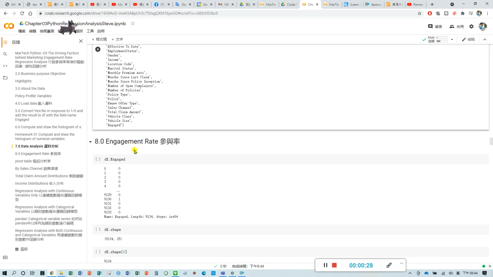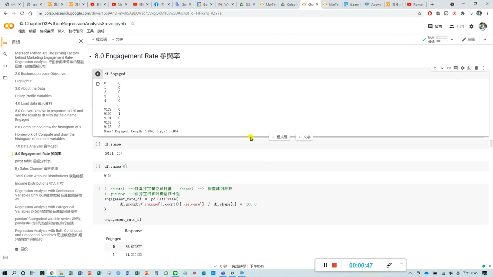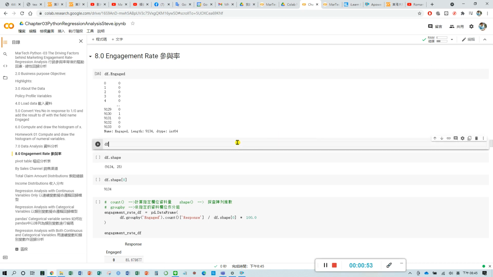Also, you can use this command, df.engaged. It will show all the content for the engaged variable. You may do the same kind of process to find this one.